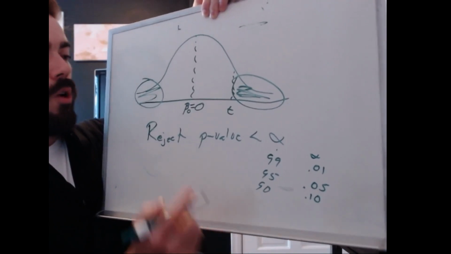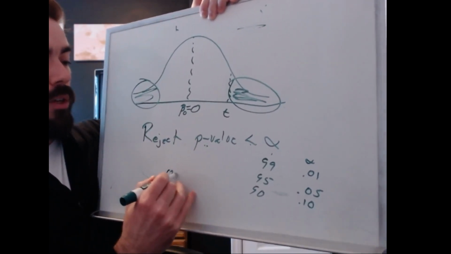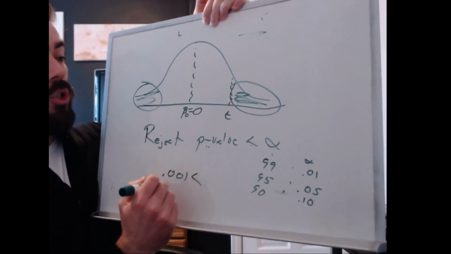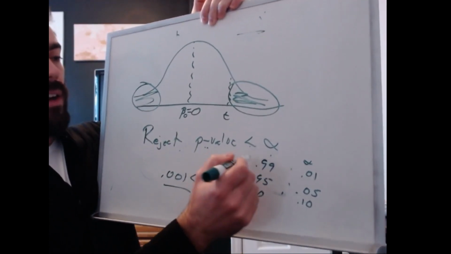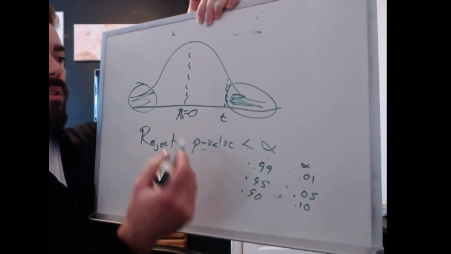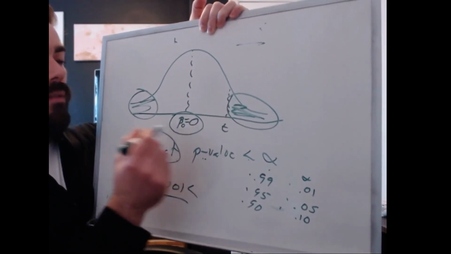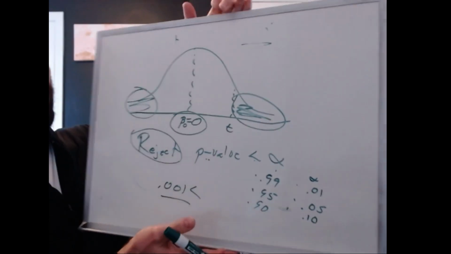So I only reject if my p-value is less than alpha. Well, from that regression, the p-value we saw was 0.001. That's going to be less than every single one, so we can reject the null at the 90, 95, 99% levels. And what was the null? The null was that there was no effect. So we're saying we can reject that there's no effect, or that we found strong evidence that there is in fact an effect from this variable.